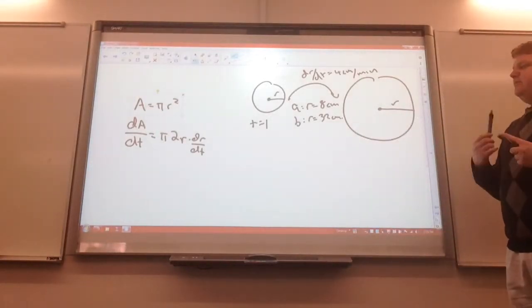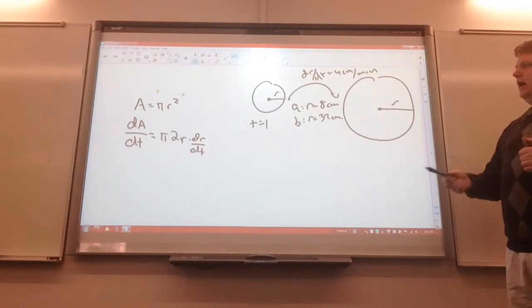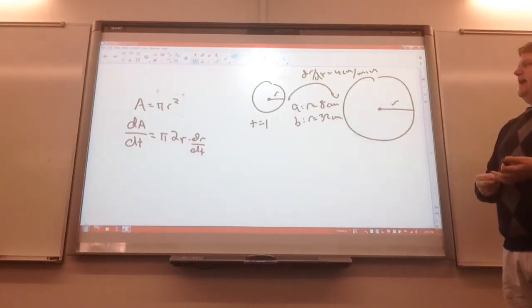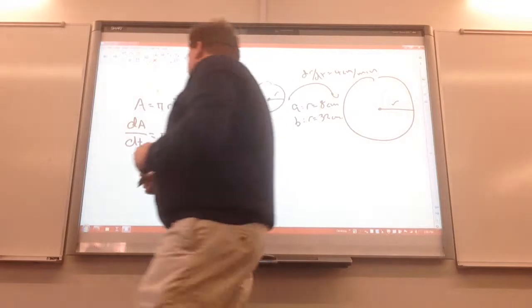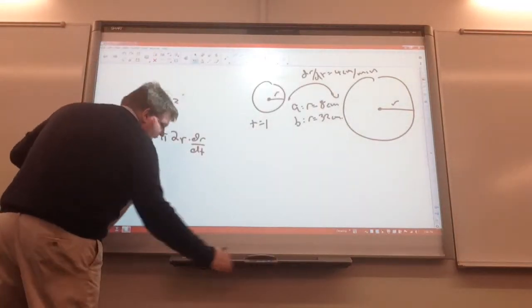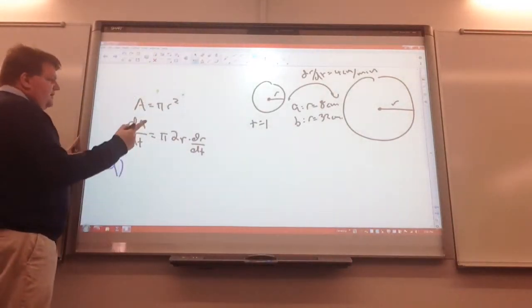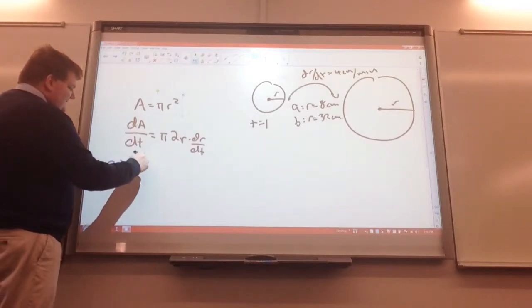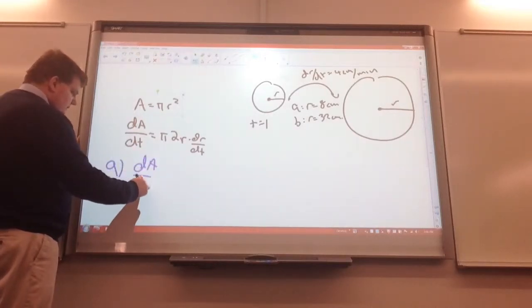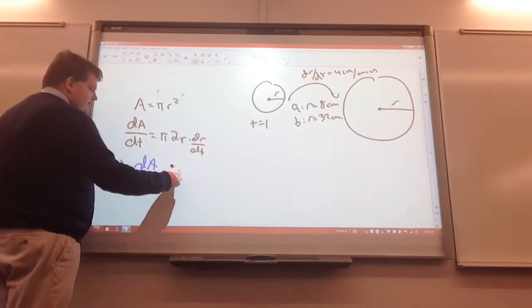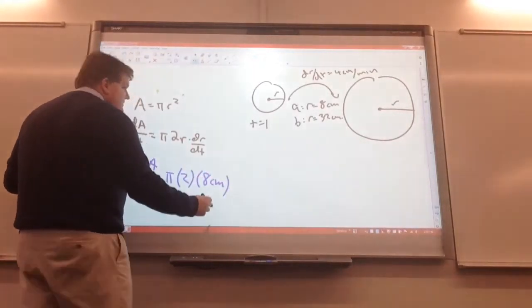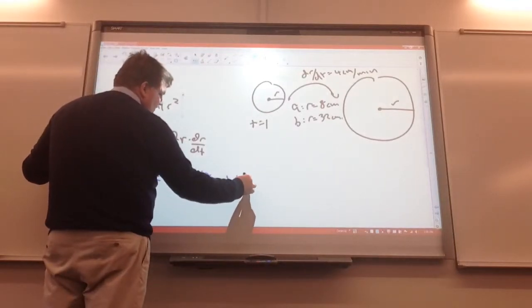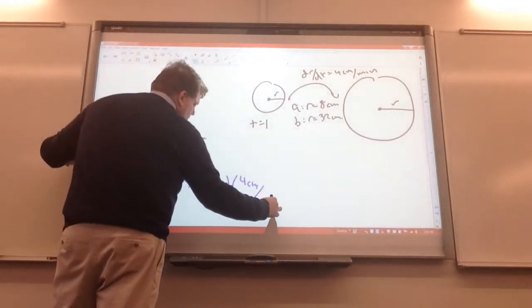Now, do we have all the pieces we need? I need r, got r for either case, and dr by dt, got that. So I should be able to put all the pieces in, right? Solve directly. For our first option here, for A, when r is 8 centimeters, dA by dt is going to be equal to pi times 2 times 8 centimeters times 4 centimeters per minute.